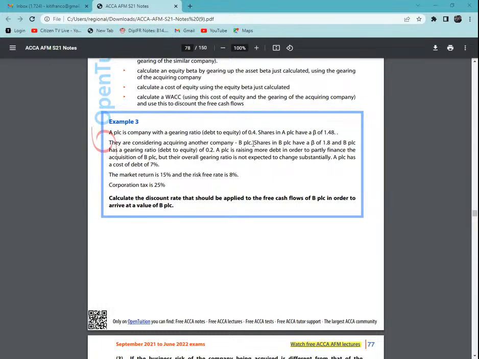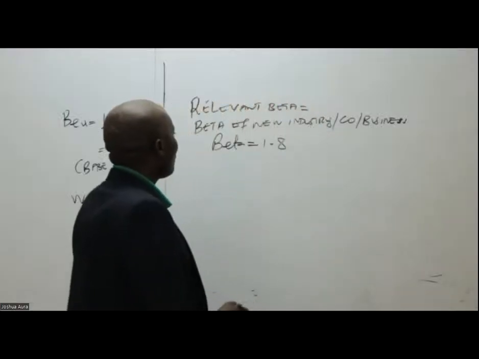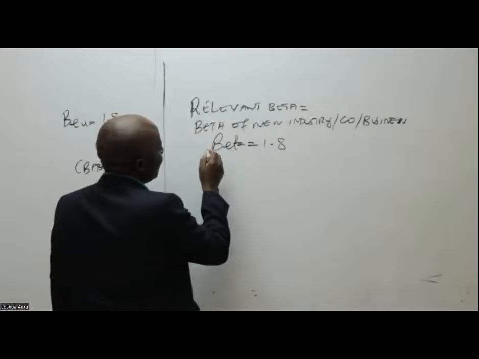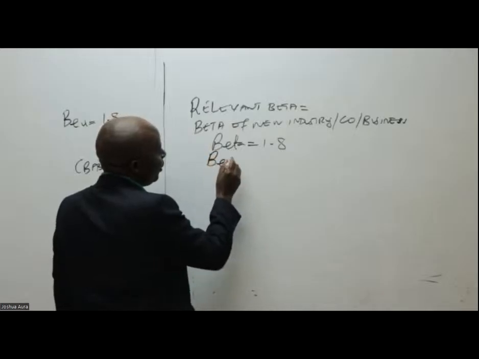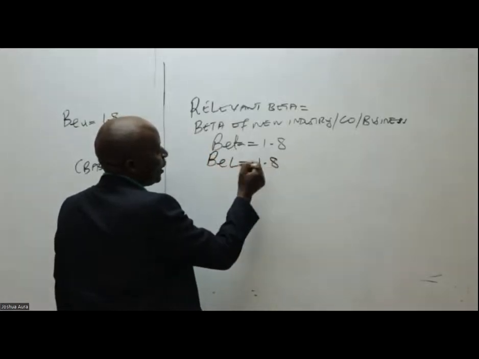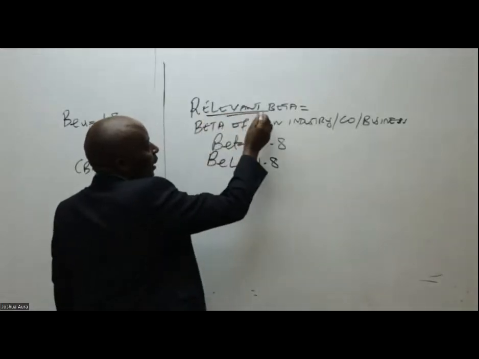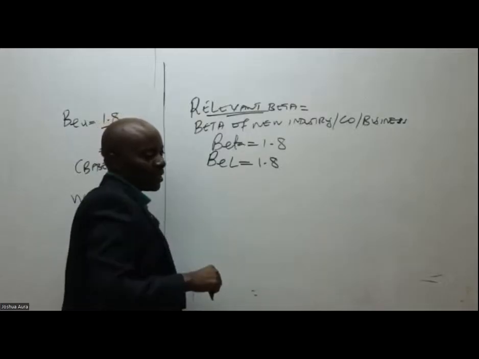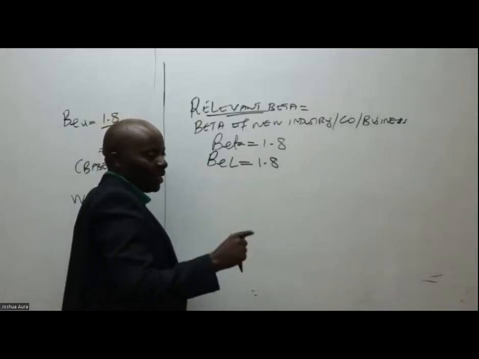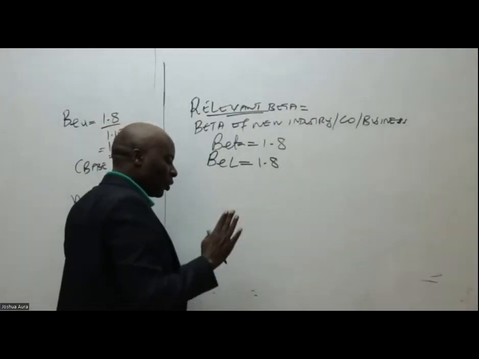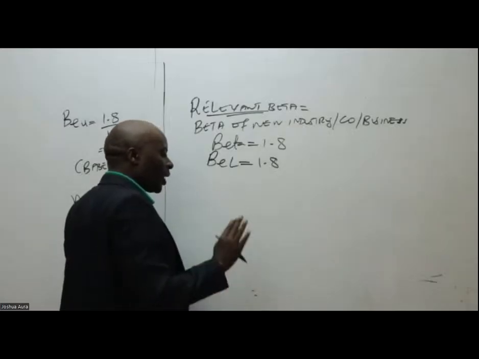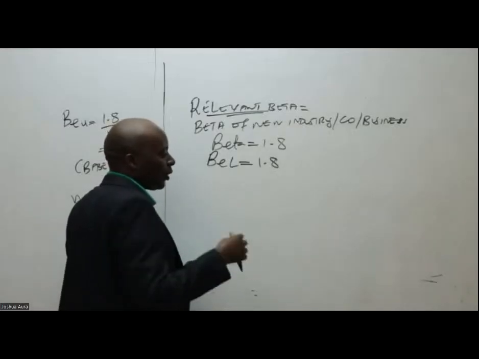If it's a levered firm, ladies and gentlemen, then what I need to conclude is that this beta is beta equity over a levered firm, which is 1.8. And the concept is very easy: this relevant beta has to be ungeared. When this firm goes to this new industry, they'll decide later to bring in debt and what percent.